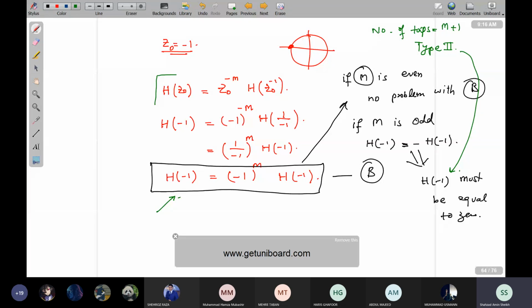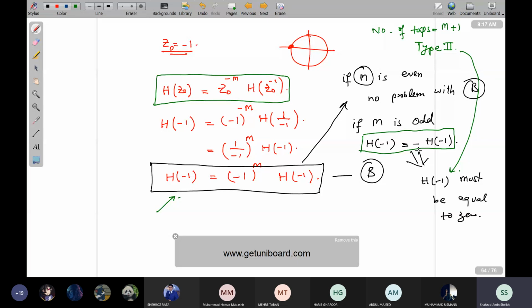This equation was already with us. Now we said that if Z0 is -1, ultimately we ended up with this thing. If m is even, meaning number of taps is odd, type 1 is being discussed, so there is no such problem. h of -1 will be equal to h of -1 because -1 raised to power some even value would be 1. But if m is odd, we get this situation: h of -1 will be equal to minus h of -1. So that's only possible when h of -1 equals 0. Otherwise there is no way on earth that we can satisfy this equation.